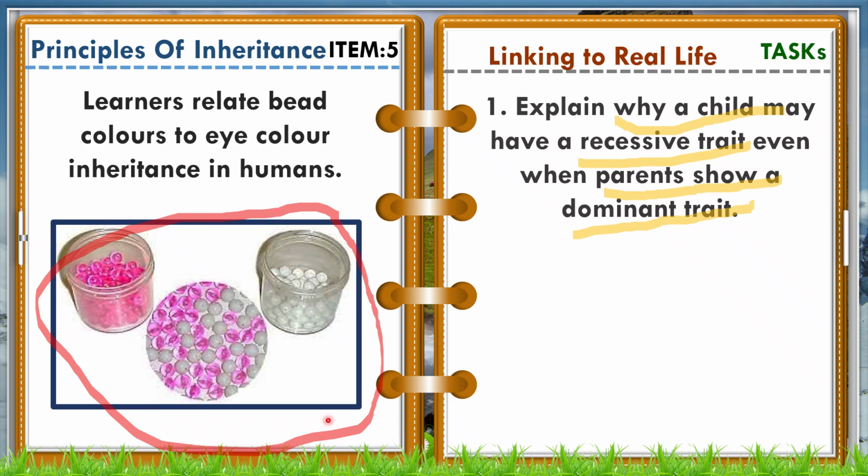For example, the eye color. The parents may have the eye color which is dominant, but the child shows a different eye color. Let me just give a simple example here. This is parent 1. These are the eyes of parent 1.